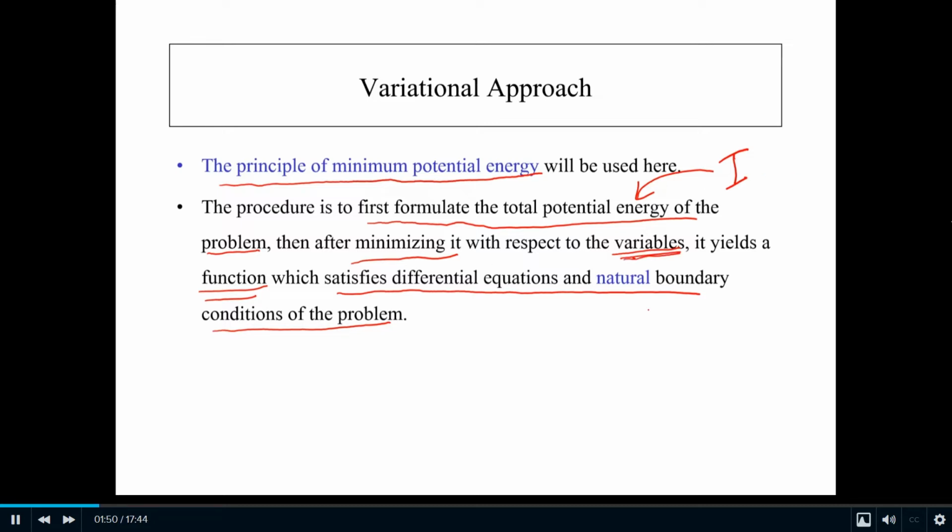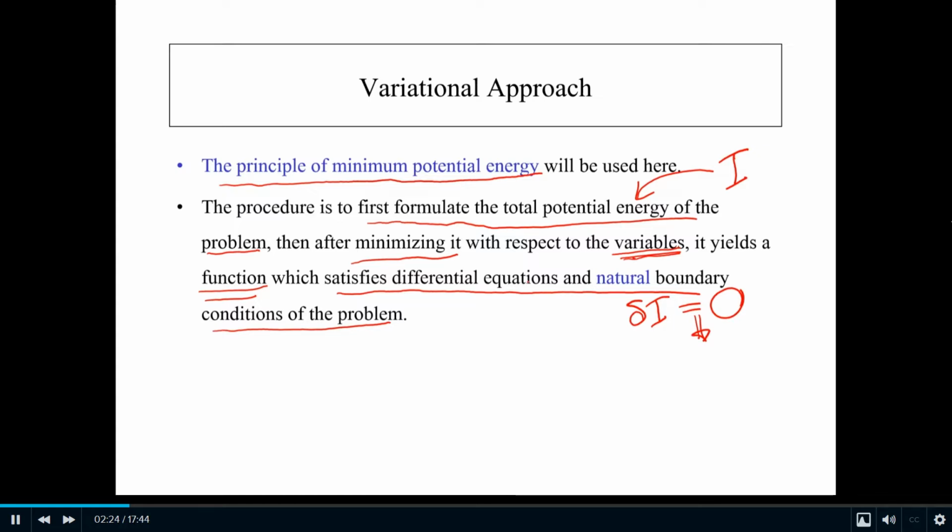Normally to minimize, we perform what we call the first variation of I. Normally we do this, del I equal to 0. After this del I equal to 0, what you get is a function that satisfies the differential equation of the problem and the natural boundary condition.